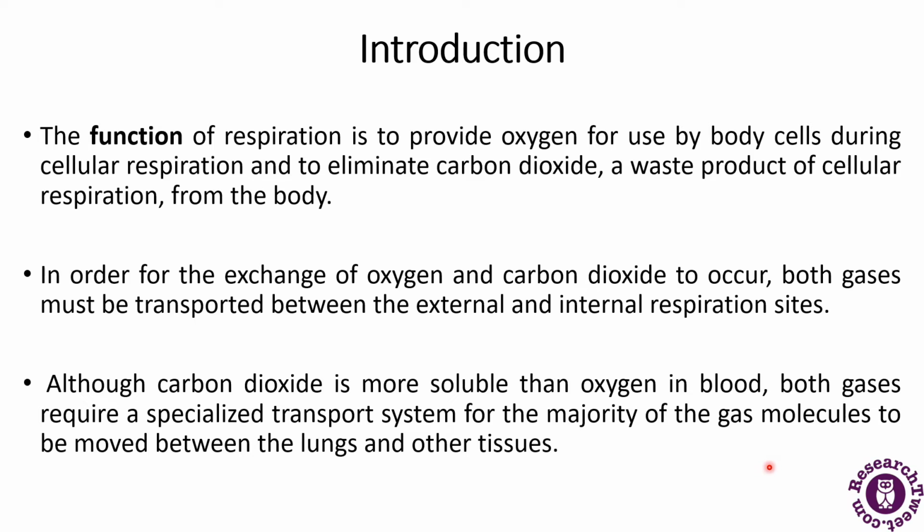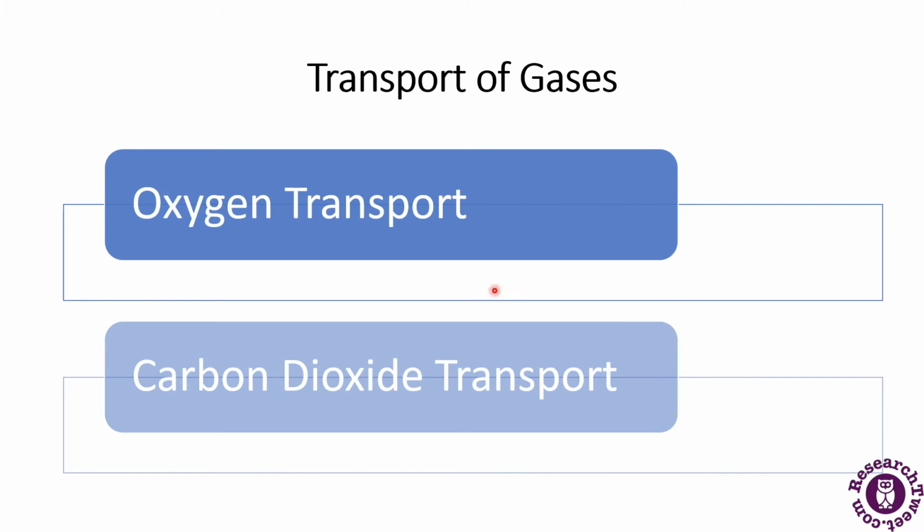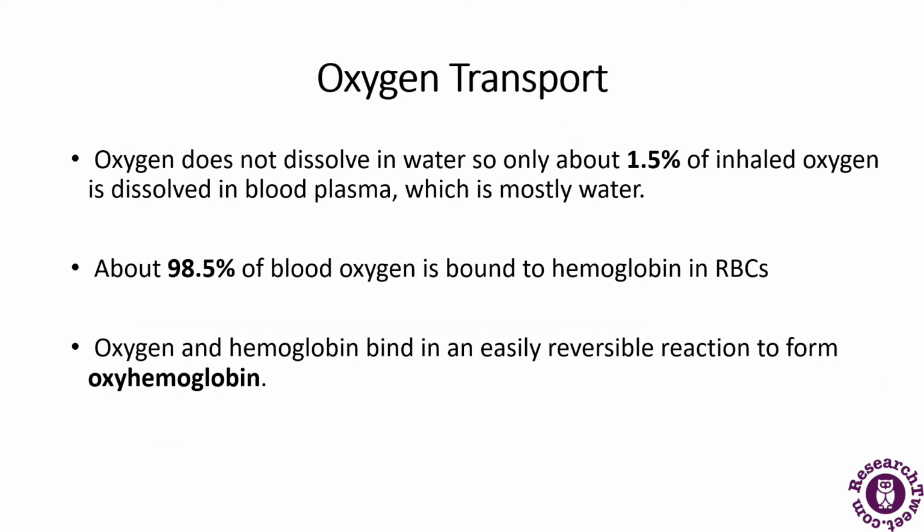Our main focus will be oxygen transport and carbon dioxide transport. These are the two types of transport we will be discussing in detail. First we will talk about oxygen transport in respiration.